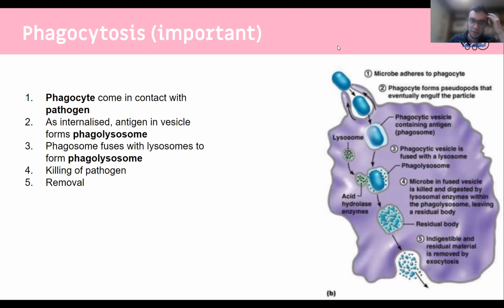This is the process in which phagocytosis occurs. A microbe will adhere to a phagocyte. Often there's something called adhesin on this microbe that's going to interact with glycoproteins on the phagocyte, and that's going to pull it in. There's going to be a process of endocytosis through the use of pseudopods. Pseudopods can also occur through the response of cytokines that can reach out to cytokines secreted by the bacteria.